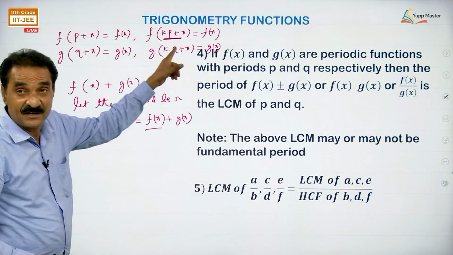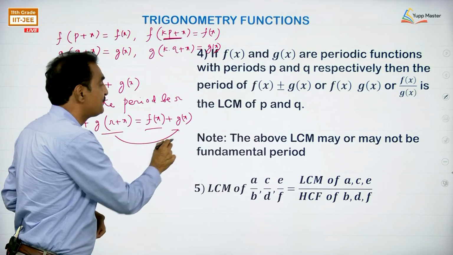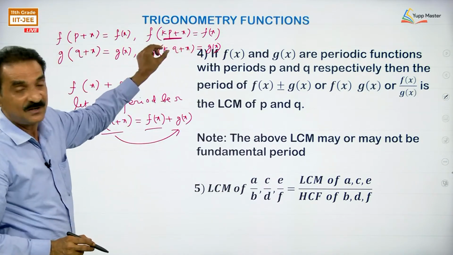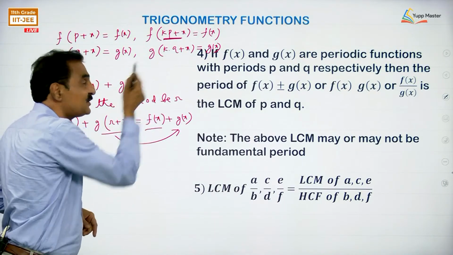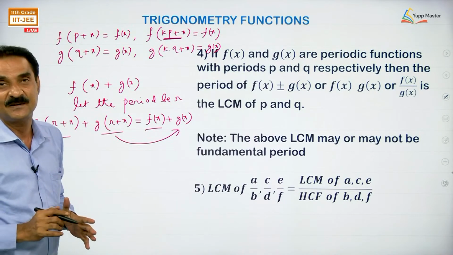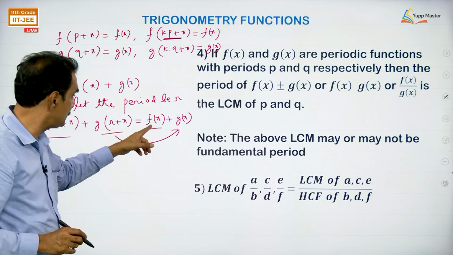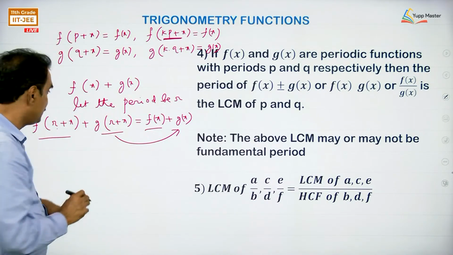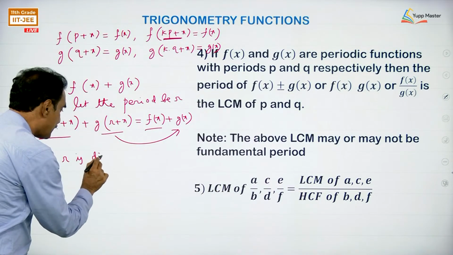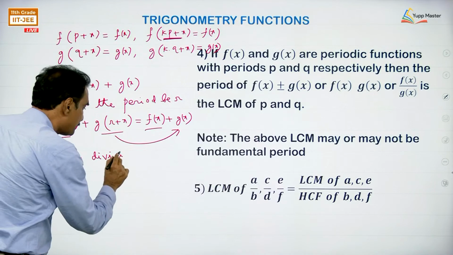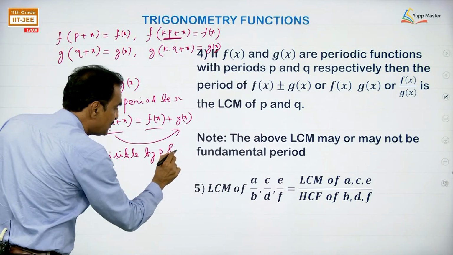Now, this will be equal to f(x) only when r is an integral multiple of p. r should be an integral multiple of p. Similarly, if this is equal to this, from this condition r should be an integral multiple of q. That means, r by q is an integer. Both are simultaneously equal to f(x) and g(x). Therefore, r is divisible by p and q both.